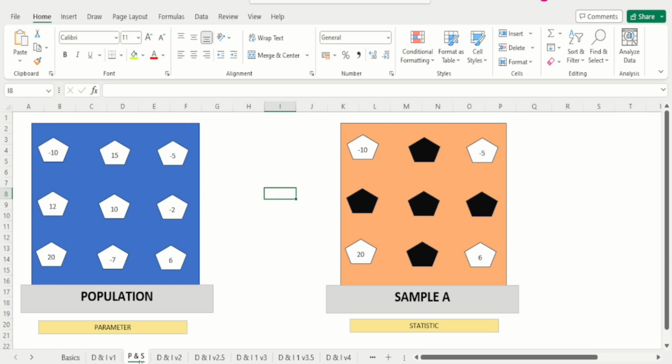On the other hand, look at the second box on the right-hand side. This also has 9 data points, but unfortunately, we don't have access to data values for all the 9 data points. We only have access to, let's say, 4 values, as you can see. If you wanted to derive conclusions about this population, you can't do it directly.